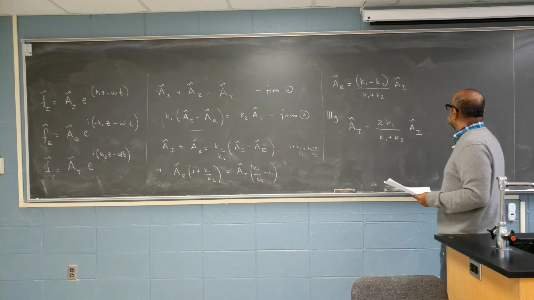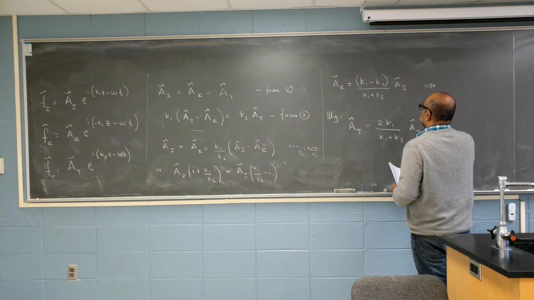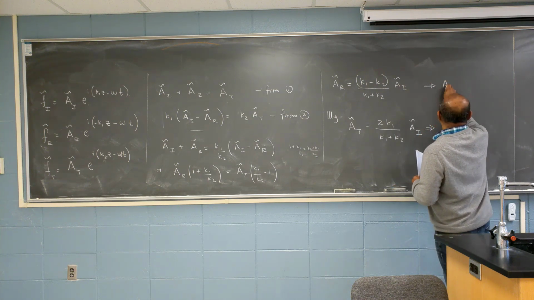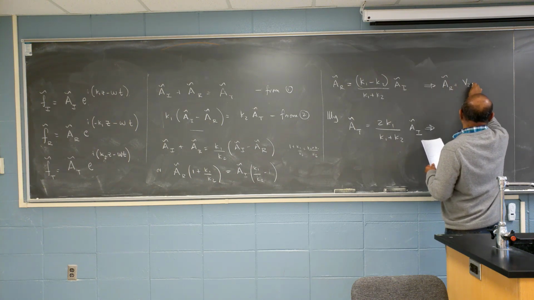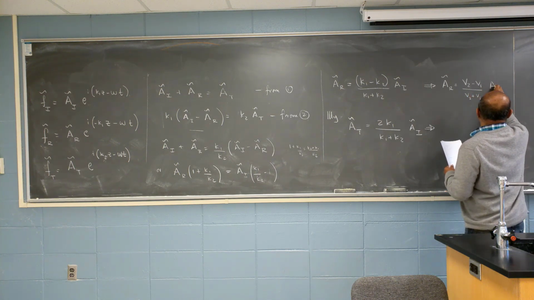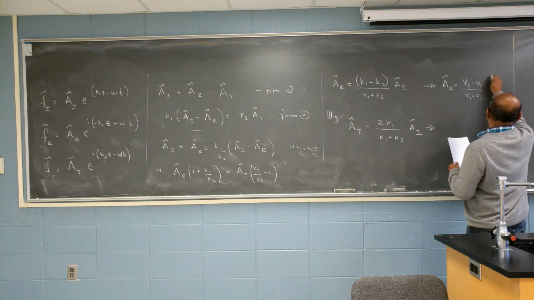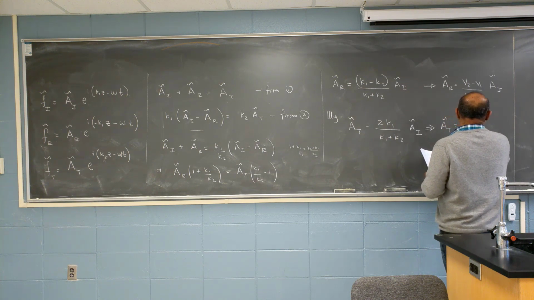I can write this in terms of velocities. A tilde R equals (V2 minus V1) over (V2 plus V1) A incident. And this is A transmitted equals 2 V2 over (V1 plus V2) A incident.